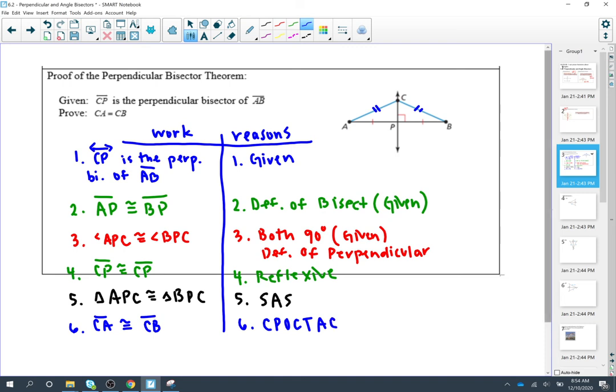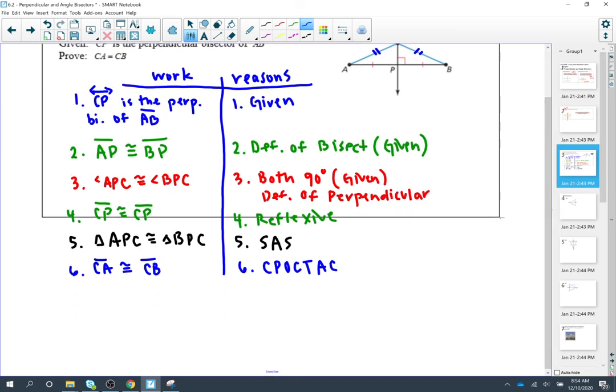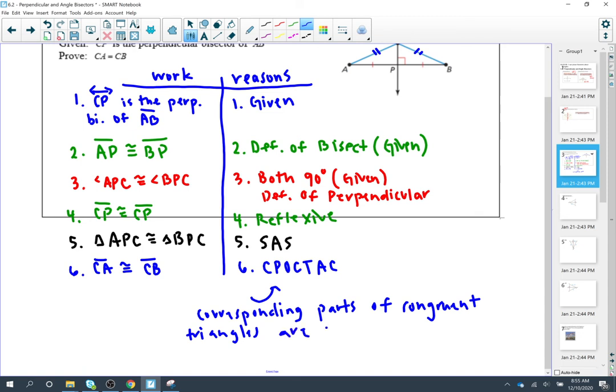Some teachers call that CPCTC. Some teachers don't use all that. But what this means: corresponding parts of congruent triangles are congruent.